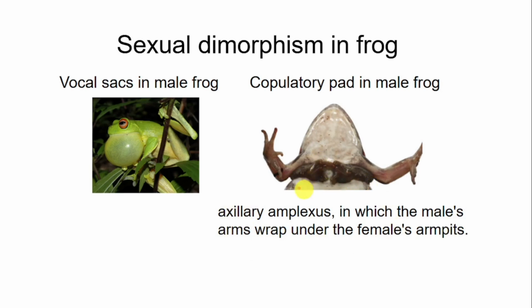This is very important because in frog, the fertilization is not internal, it is external. So their genitals have to be in close proximity, and when the gametes are released, it increases the probability of fertilization. So this is the significance of copulatory pad.